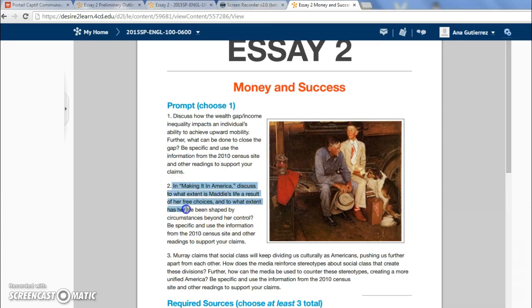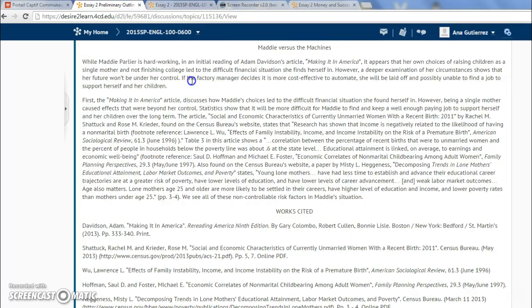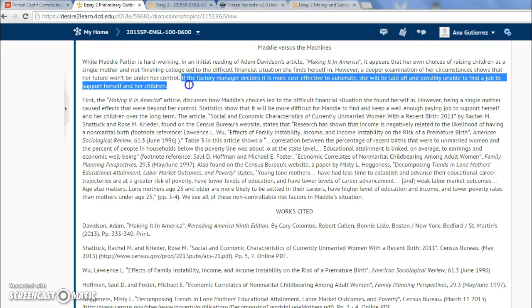The only thing that's missing is that, because you need to give the examples that you're going to talk about in the reading, instead of saying if the manager decides it's more cost effective to automate, she'll be laid off, possibly unable to find a job, support herself. I mean, it's more than that, right? There are other things in the reading and in the other readings that the authors talk about, especially Mancio's.